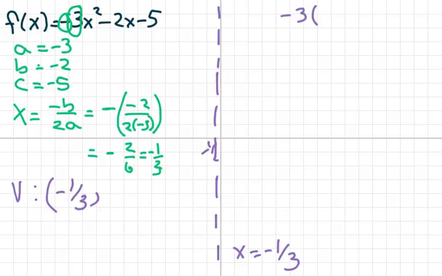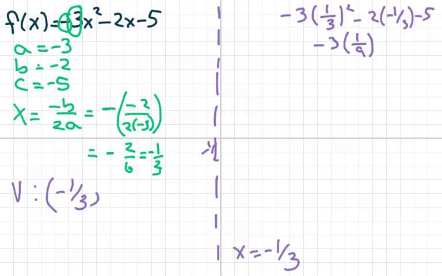So we have negative 3 times negative 1/3 squared minus 2 times negative 1/3 minus 5. So this is negative 3 times 1/9 plus 2/3 minus 5, which is negative 1/3 plus 2/3 minus 5. So this gives me 1/3 minus 5.